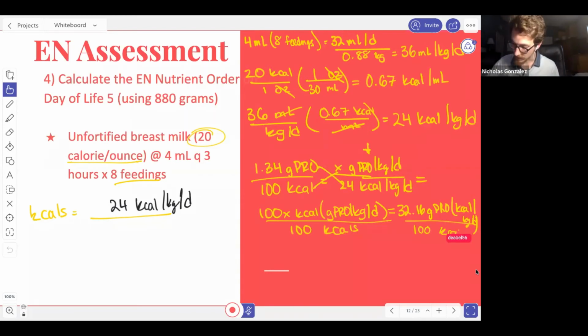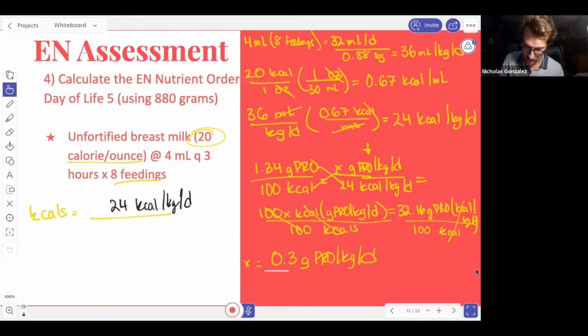When we do that, these cancel, and we are left with 0.3 grams of protein per kilogram per day. That's our x value. So it's that simple. That's why you cannot just rely on one method. You need to know both of these.